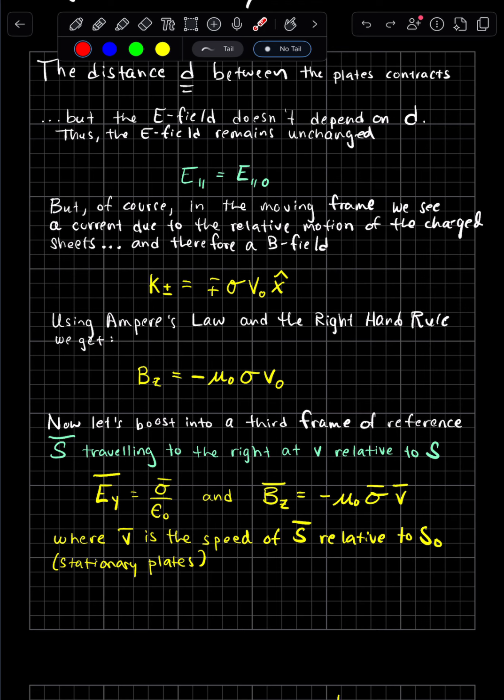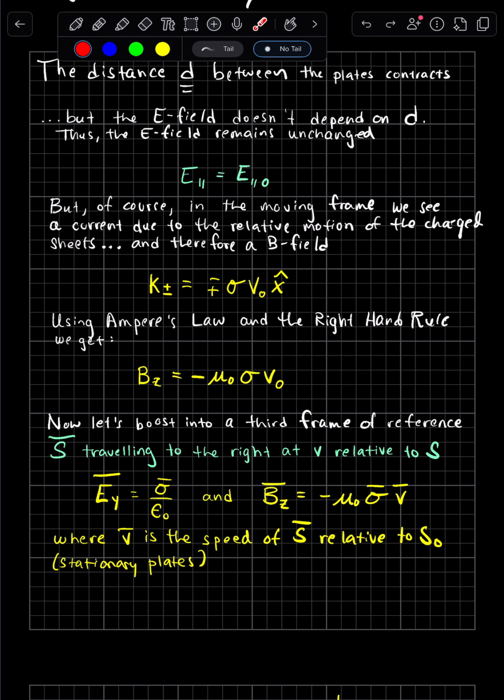Therefore we see a current density of negative sigma v naught x, where sigma is the new sigma, the charge density in our current frame, times v naught, our velocity relative to the stationary frame, which by symmetry is also the stationary frame's velocity relative to us.